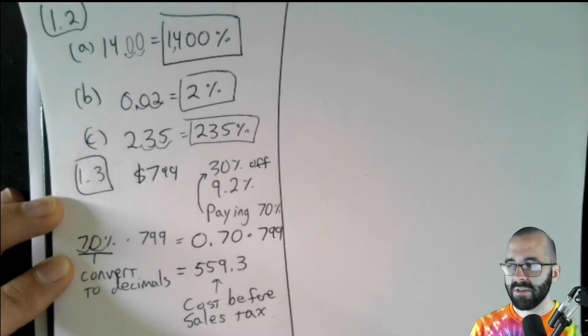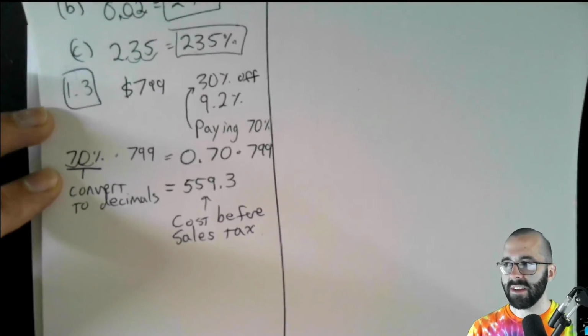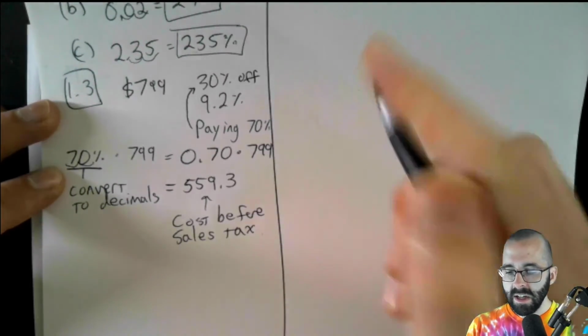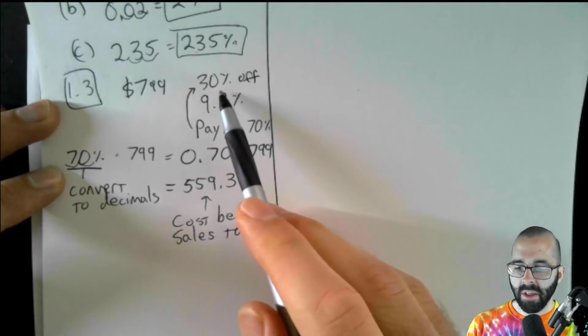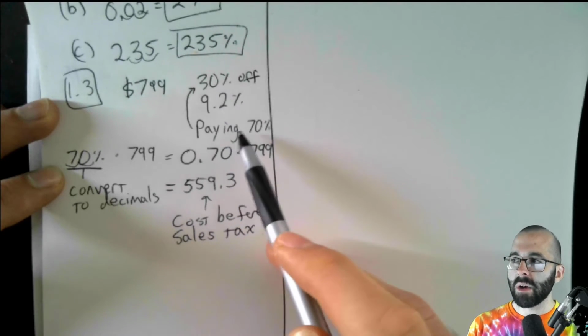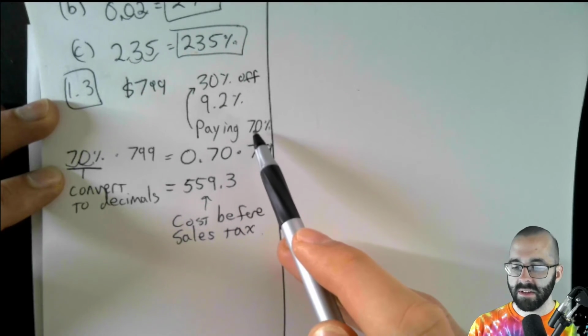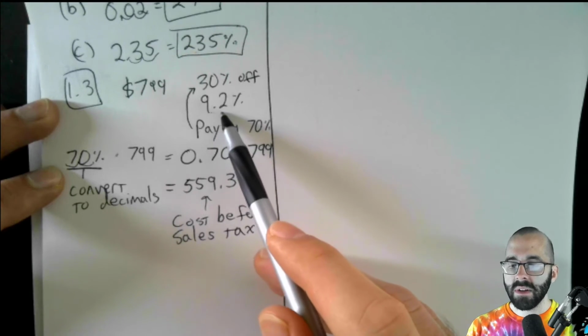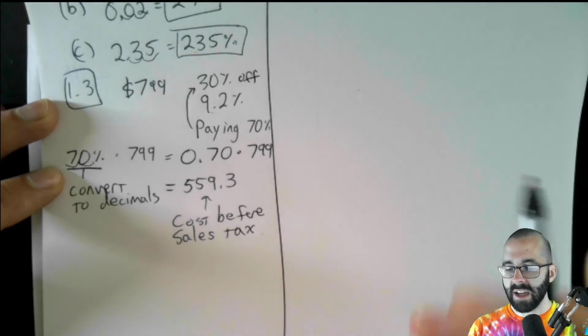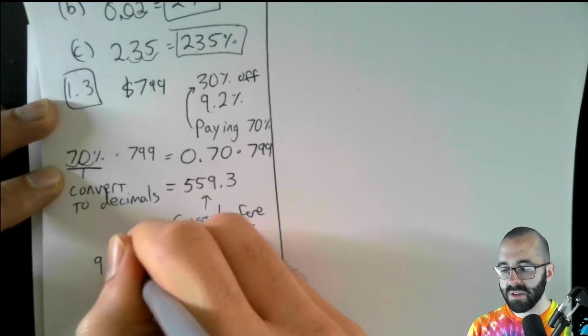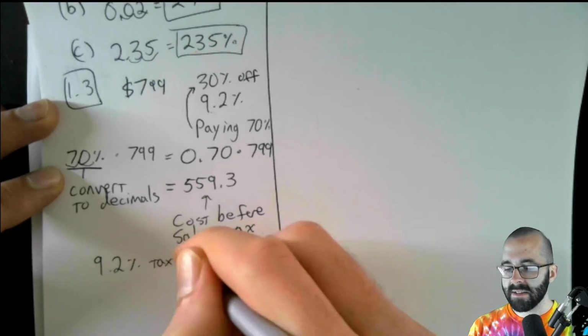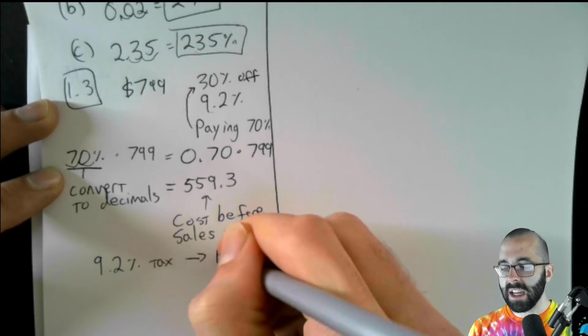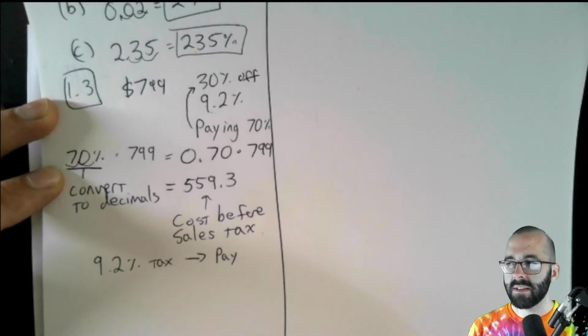Then all that's left is applying the sales tax, and that's going to be similar to what we did. 30% off meant we are paying 70%. 9.2% sales tax, right? 9.2% tax means that we're paying what percent?